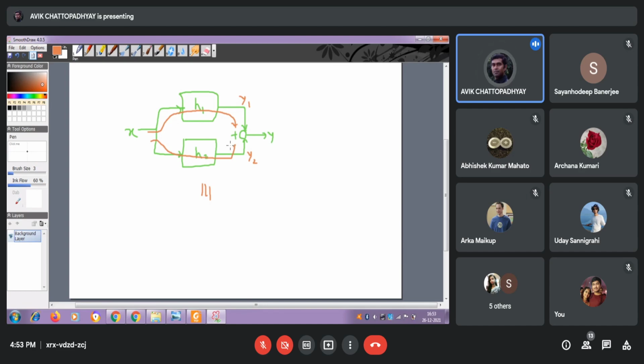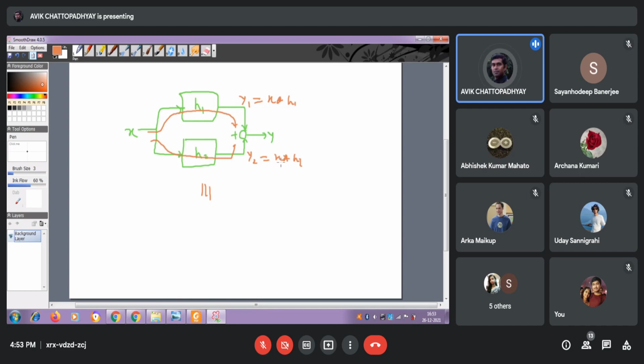So see what we can do here from the distributive property. Y1 is X convolved with H1, and the other is X convolved with H2, and you are adding these two.